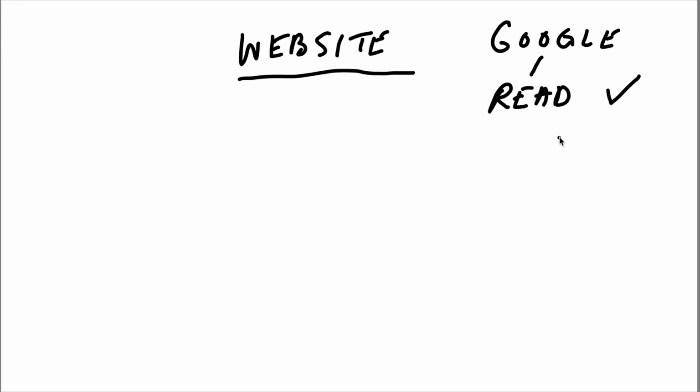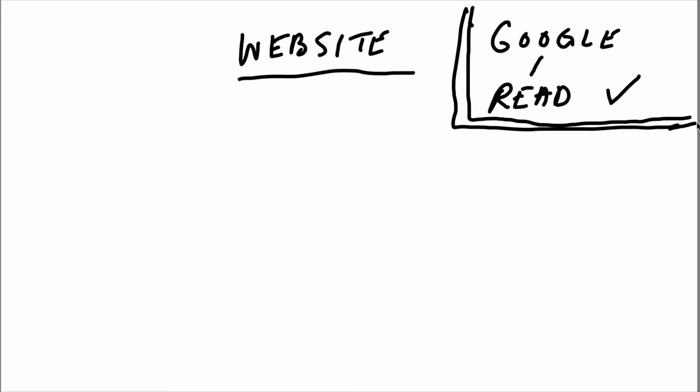Then when people search on Google for the topics and questions that relate to your niche, Google will serve your website in its search results because it knows exactly what your site is about. So that's really what SEO optimization is. We want to optimize our website so Google can understand what it is about, and when people search on Google for our topics, Google is going to share and promote our website in its listing.